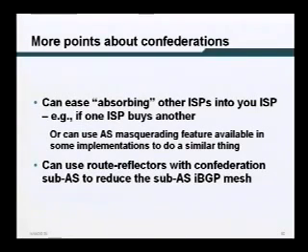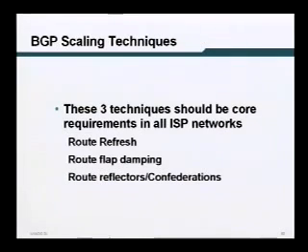But then again, some implementations have this AS masquerading feature which will let you absorb them into your network also. And of course, you can use route reflectors within the confederation sub-AS to reduce the sub-AS iBGP mesh.